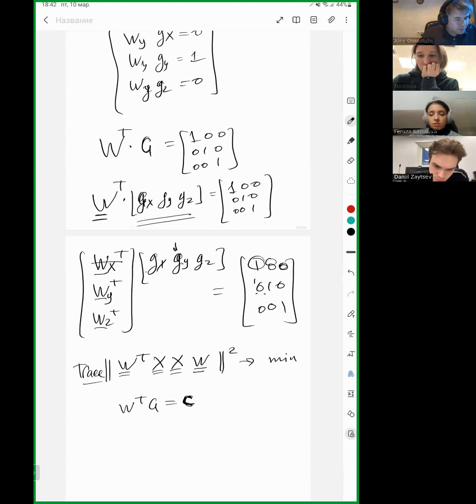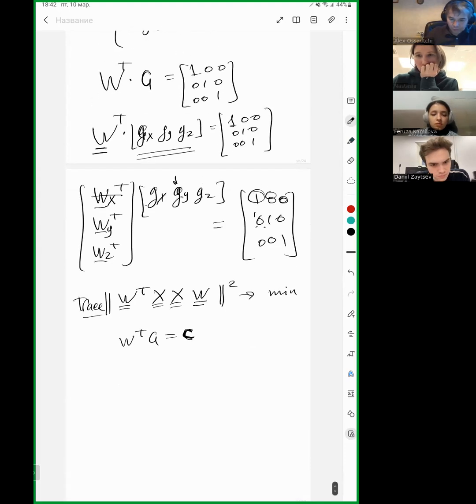And now I just realized that here it's not. Well, anyway, yeah. So we do exactly the same thing, right? We write W transpose XX transpose W plus lambda multiplied by W transpose G minus C. And now our lambda is a vector, right?